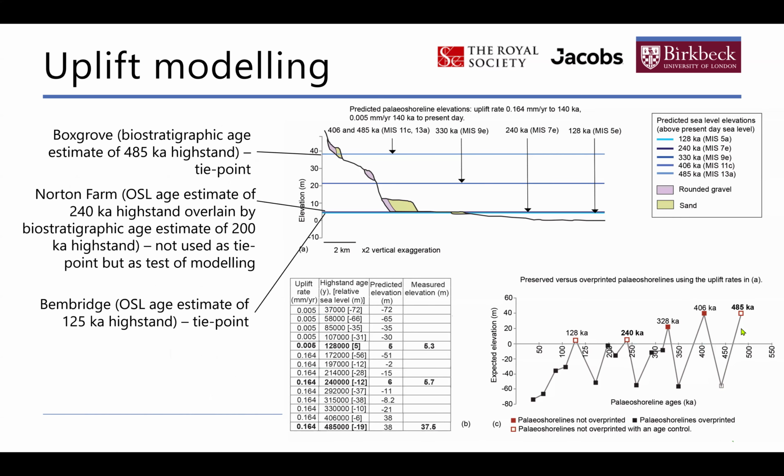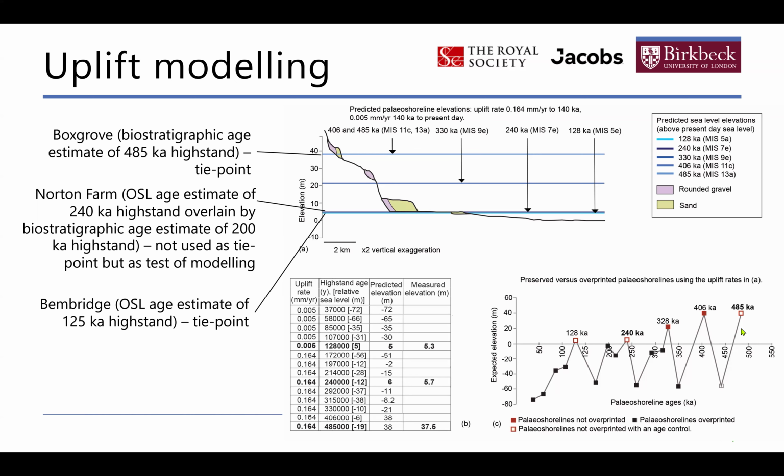Okay, so what we've got with our uplift modelling is, so these are the tie points. So at the top, we've got Boxgrove, which we assigned to the 485,000 year high stand. And then at the bottom, we've got Bembridge, which we've assigned to the 125,000 year high stand. And then you can see that Norton Farm maps out at pretty much the same elevation as Bembridge.